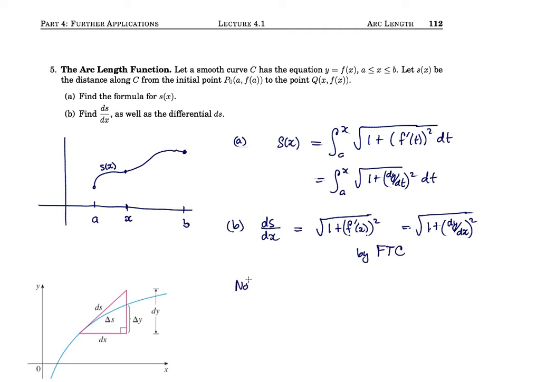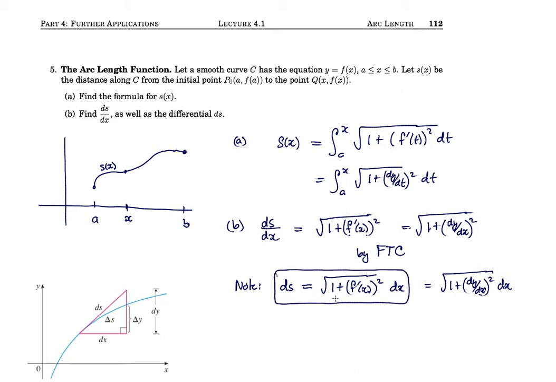So one thing to note is that ds as a differential is the square root of 1 plus f prime of x all squared, dx, which we could also write as the square root of 1 plus dy by dx all squared, dx. So just in our two different notations for derivatives.